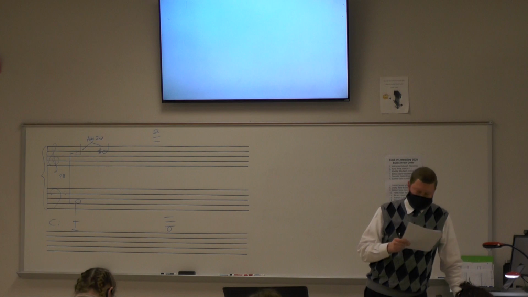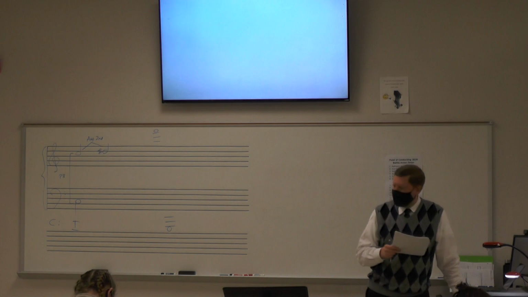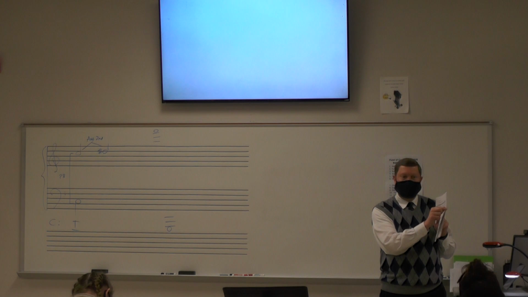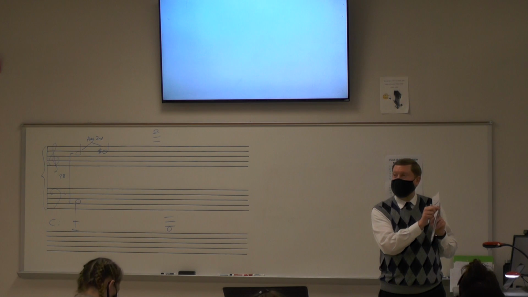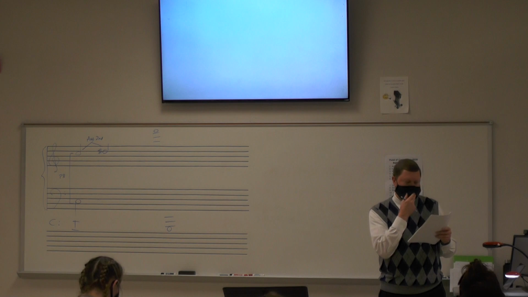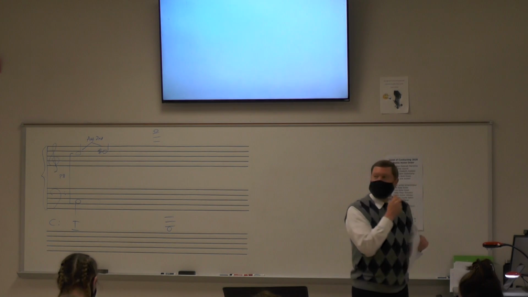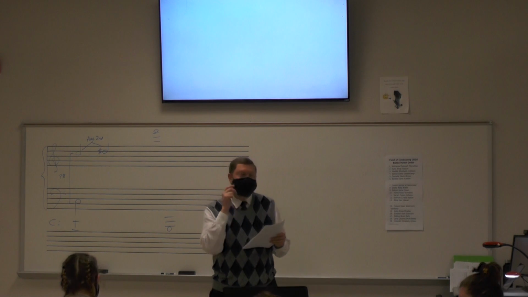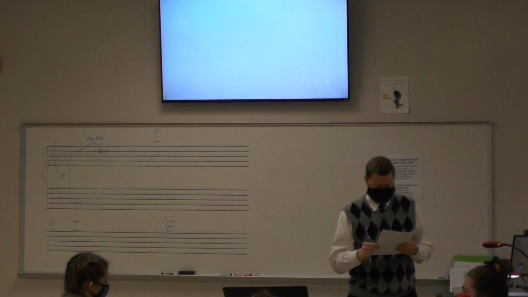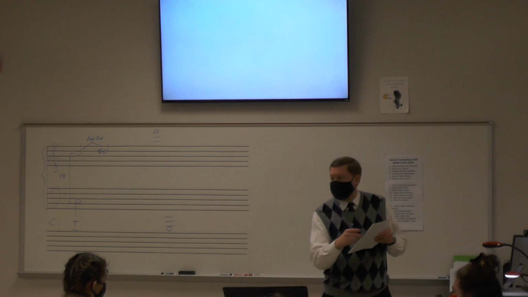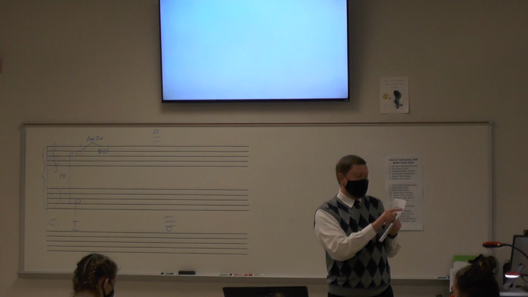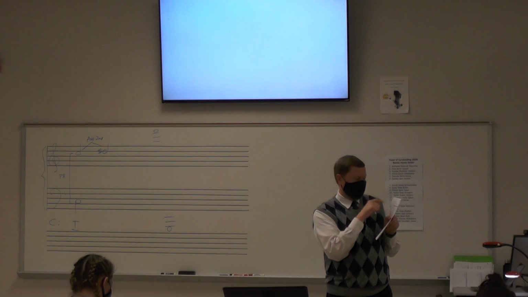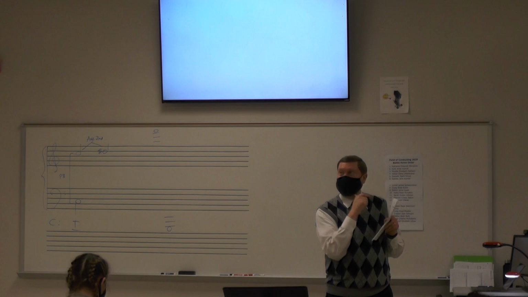I think on the handout I gave you, there was another column that asked for metric placement, like accented or unaccented. I don't remember if that column was on the test, it might be. It's not on the review. Just like that, right? So the escape tone, that's unaccented, if you want to write that over in the margin. The suspension is accented.